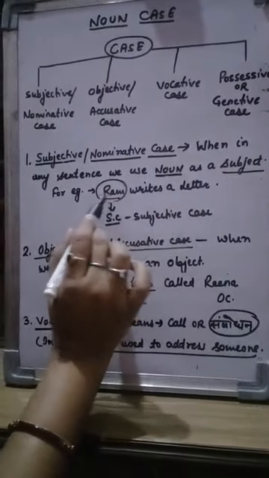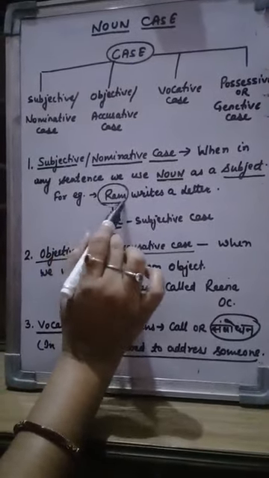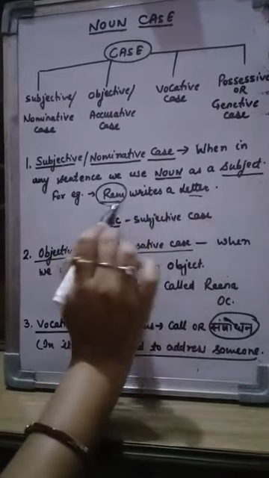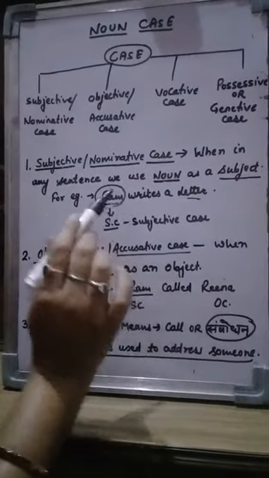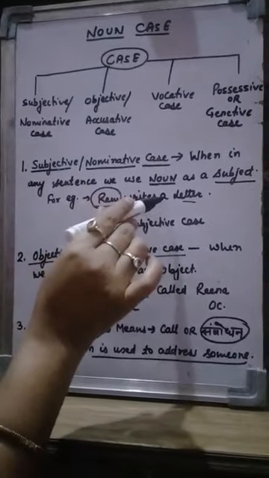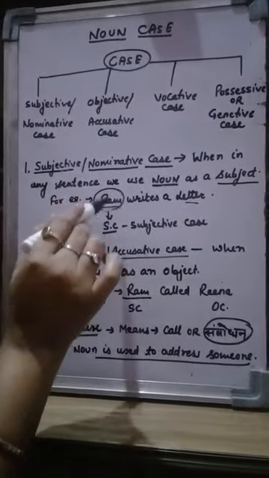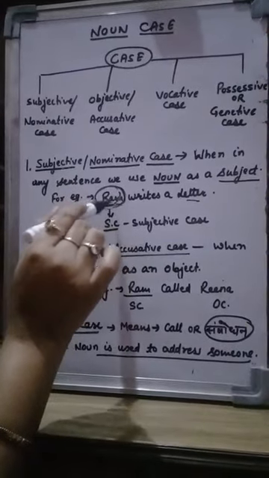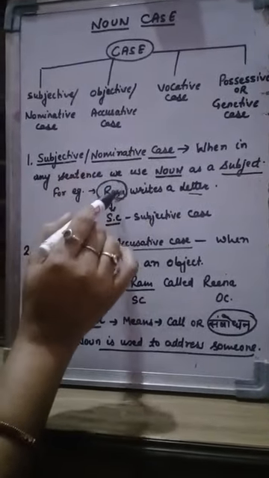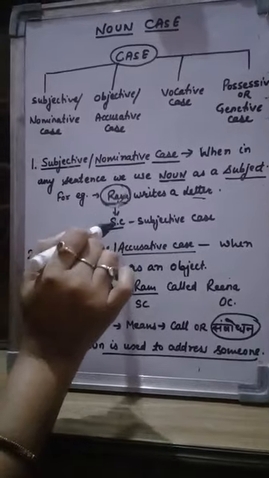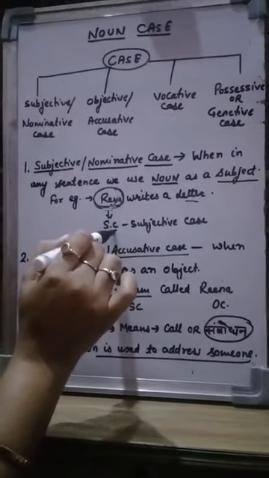Here, Ram is the doer in this sentence. We have to find out the doer, who does something in this sentence. That is called the subject. So Ram is also a noun, so we can call it the subjective case.